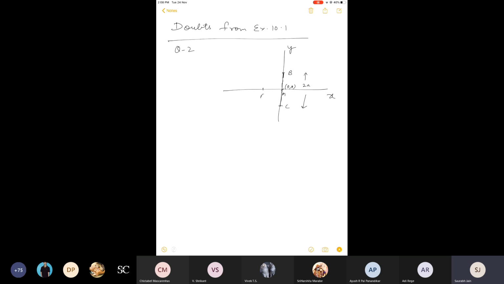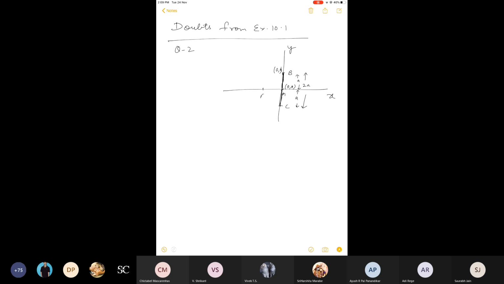So it is clear that half the length will be above the x-axis and half will be below the x-axis, right? Since the origin is the midpoint. Now since the base is on the y-axis and this length MB is a, this MB distance is a, so that's why this vertex will be 0, a.